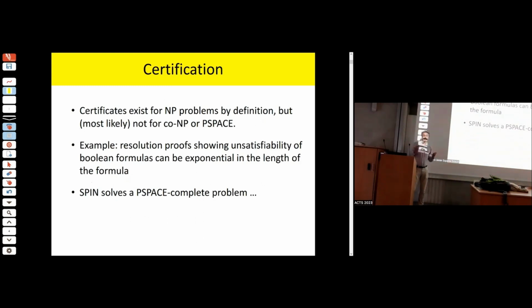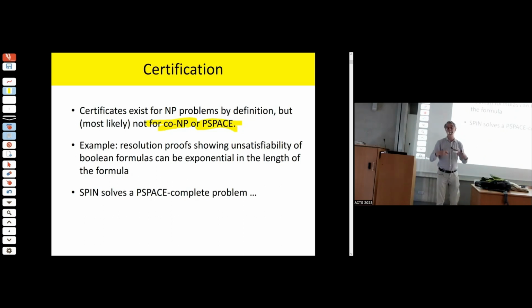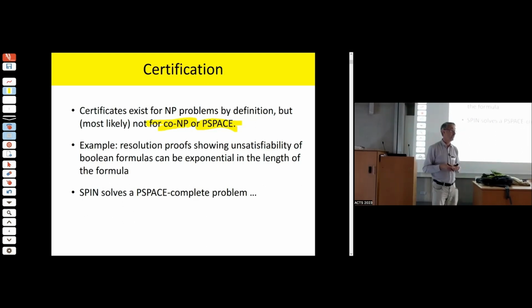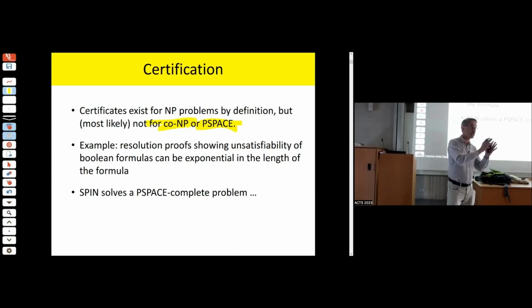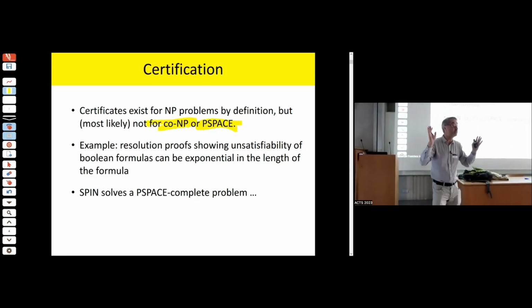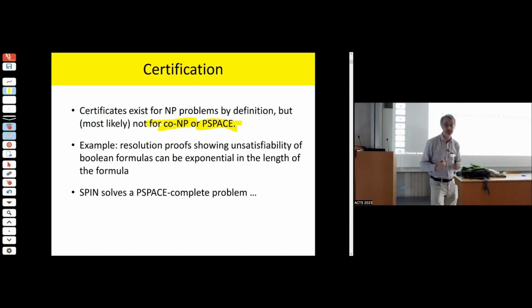But unless, for example, co-NP is equal to NP, you don't have certificates for co-NP or for PSPACE. If you send me a formula asking whether it is satisfiable or not, and I tell you it is unsatisfiable, how can I convince you? I can give you, for example, a resolution proof, and you can check the proof in polynomial time in the size of the proof.